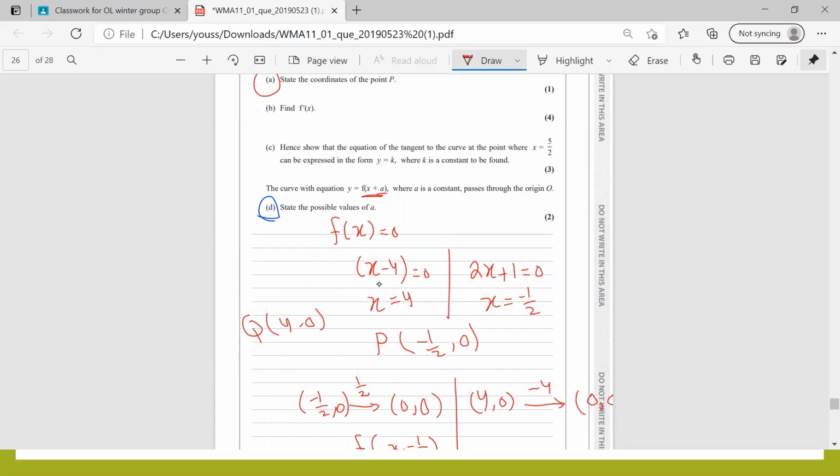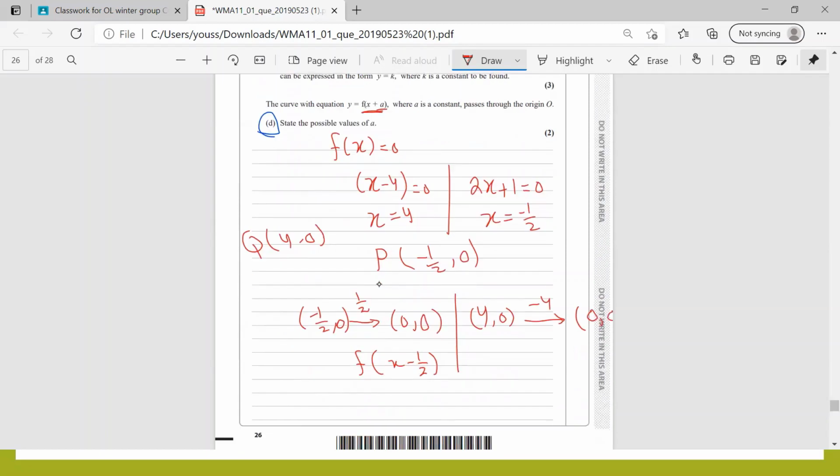We'll move 4 steps to the left. So inside the bracket, it will be f of x plus 4, because we changed the sign. So a may take the value of negative half or positive 4, because we shifted horizontally. Why horizontally? Because the a is included inside the bracket.